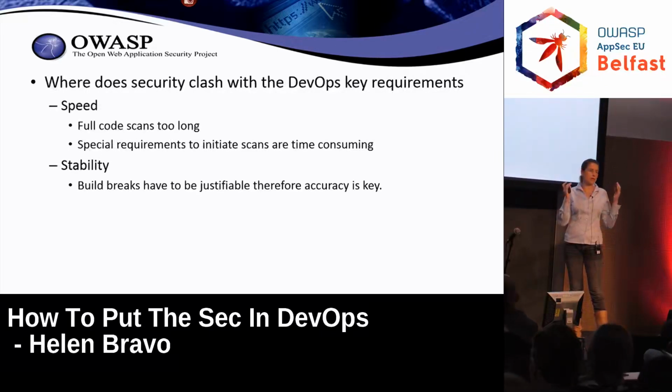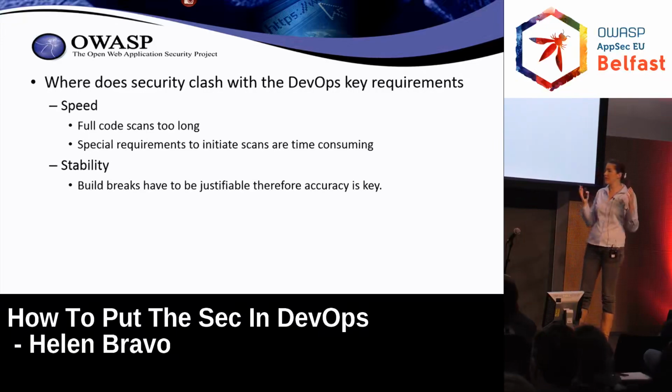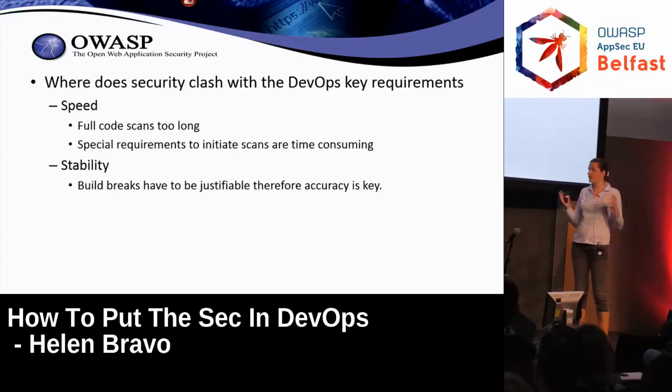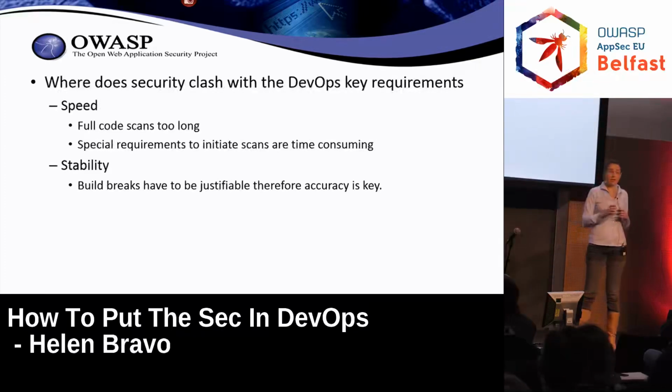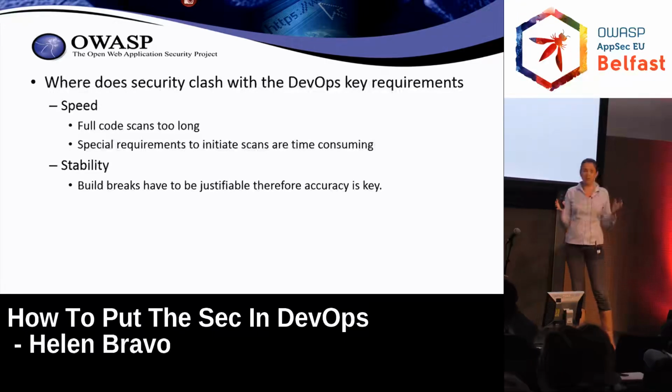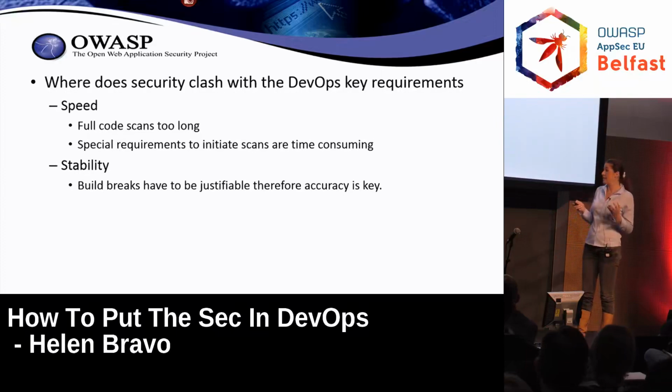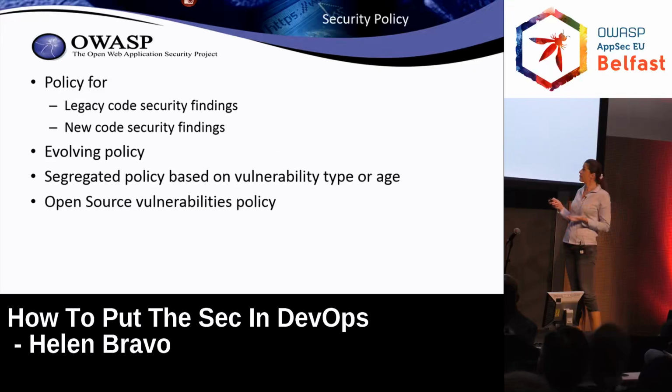So if the security test runs for 7 hours, 14 hours, and afterwards brings you 300 results, out of which 200 are false positives, you can't really break the build over it. And you actually have a general problem dealing with it as a general approach.